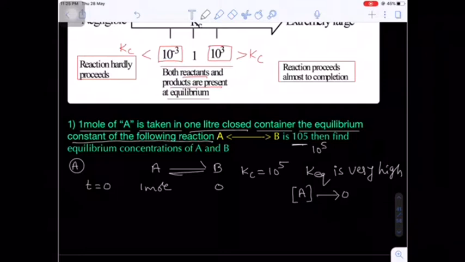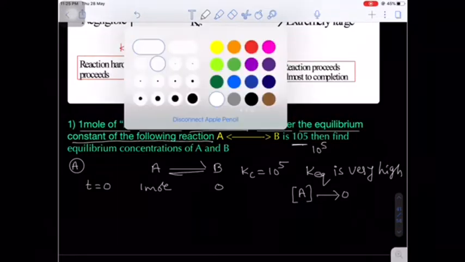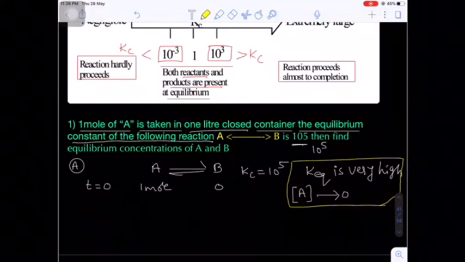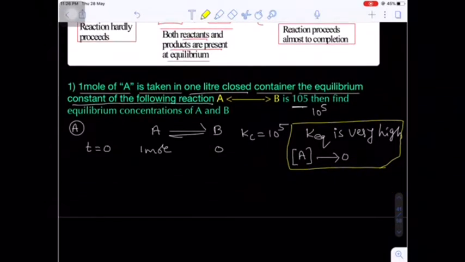This is valuable information which we have to remember. When the equilibrium constant is greater than 10 to the power 3, we consider the reactants almost negligible and the maximum concentration of products will be present.